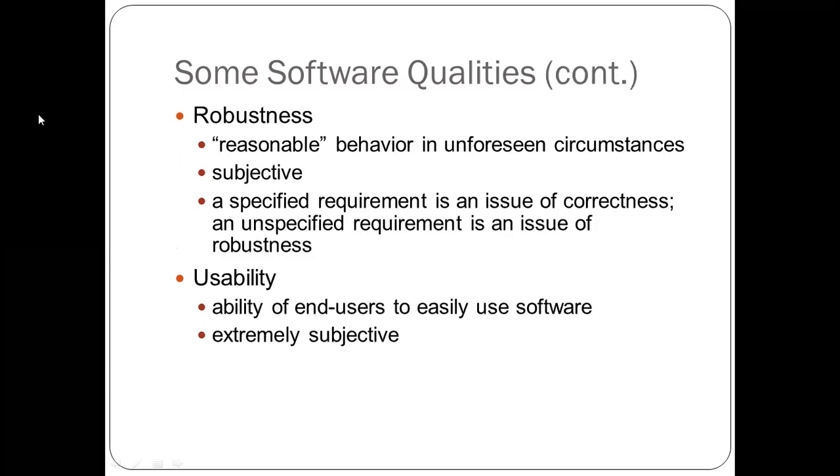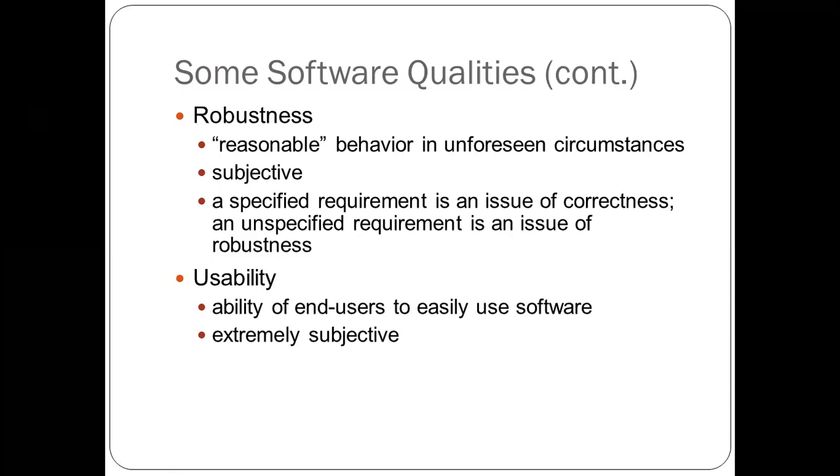Now, other software qualities: robustness. Robustness is reasonable behavior. So here we will check the behavior of that particular software, and here also we will check the subjective. A specified requirement is an issue of correctness, and an unspecified requirement is an issue of robustness.